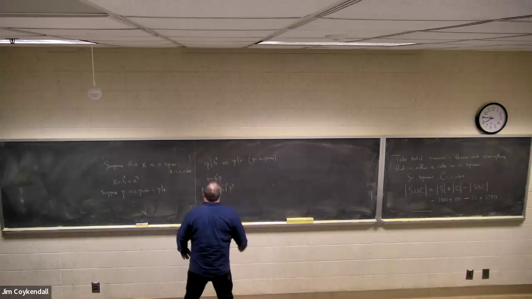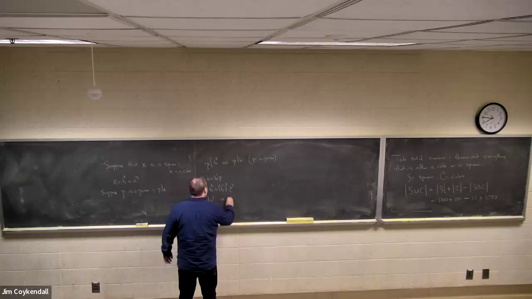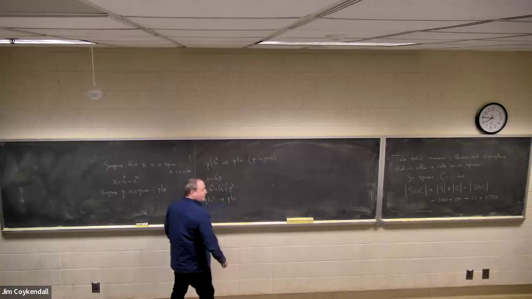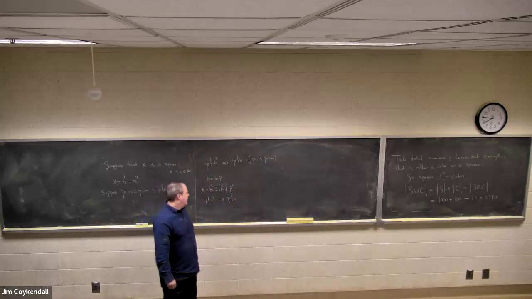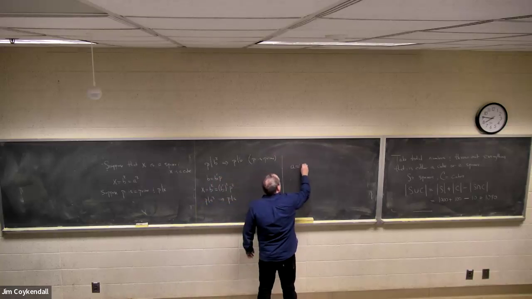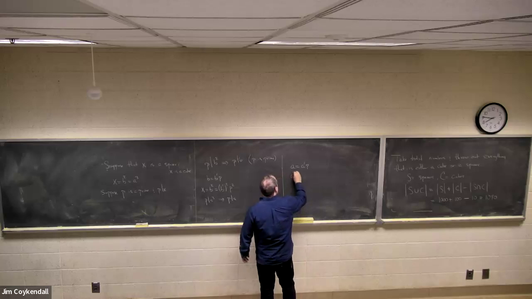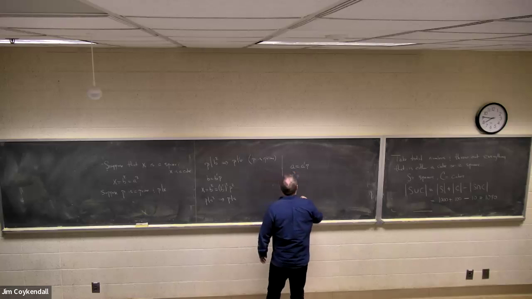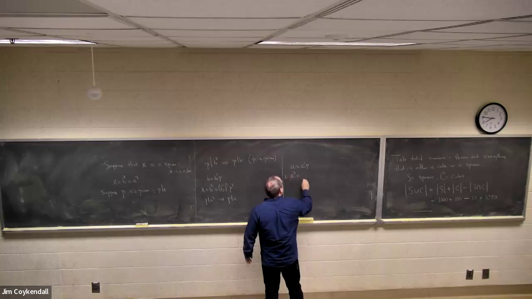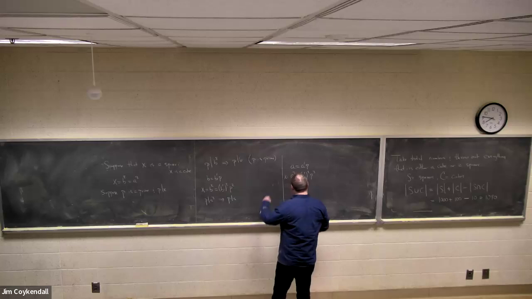This also means P divides A cubed, which implies P divides A, again because P is prime. So A equals A prime times P, and A cubed, which is again x, is A prime cubed times P cubed.